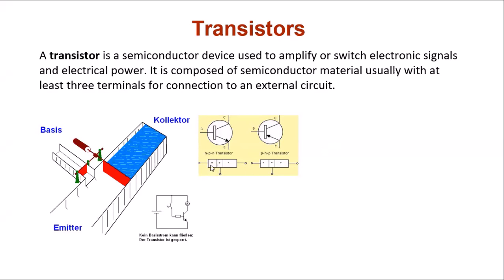Now, this is about the symbol of the transistor. We have two types of transistor, PNP and NPN. In both, we have three different connections, and those connections are named differently because they function differently.